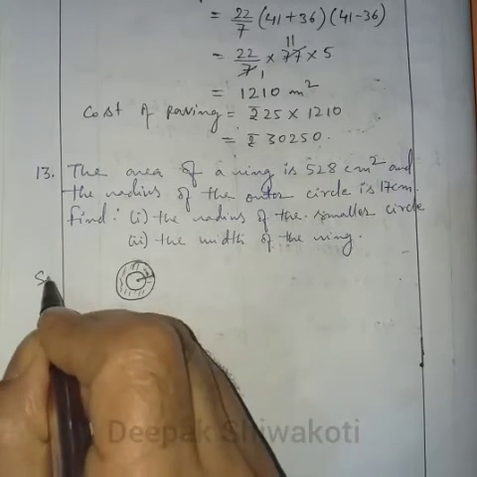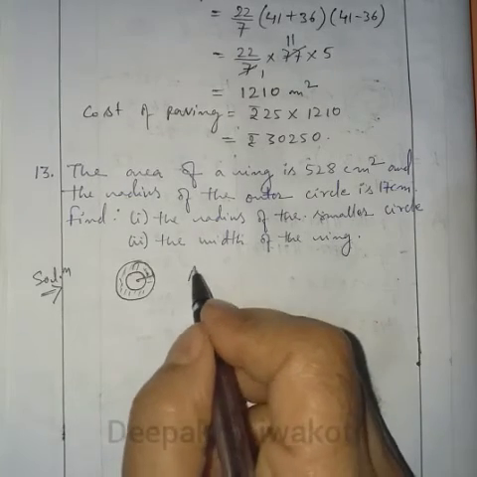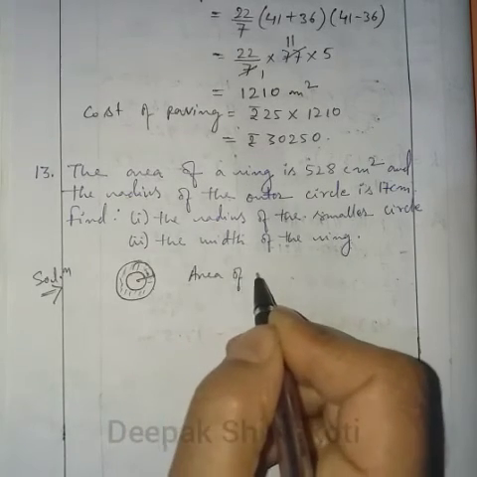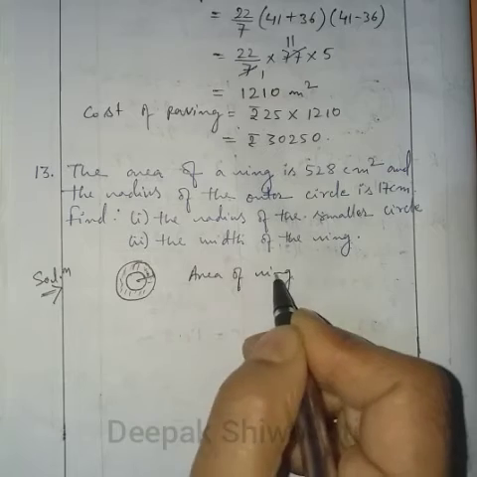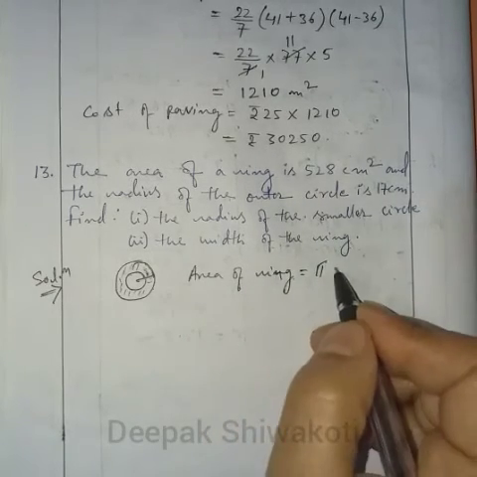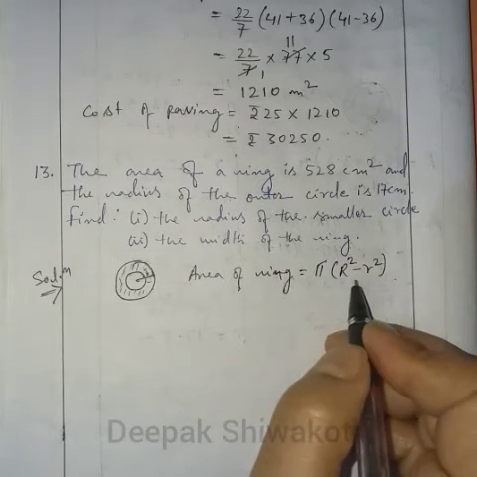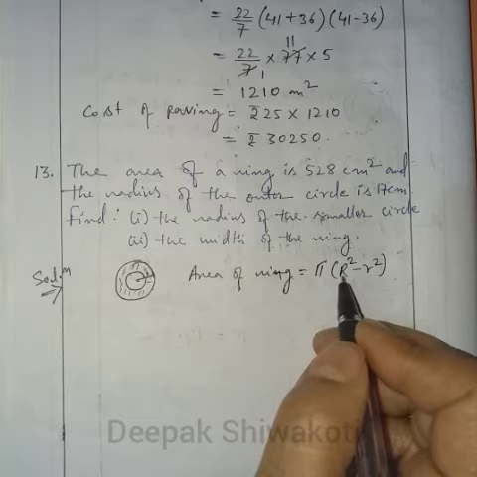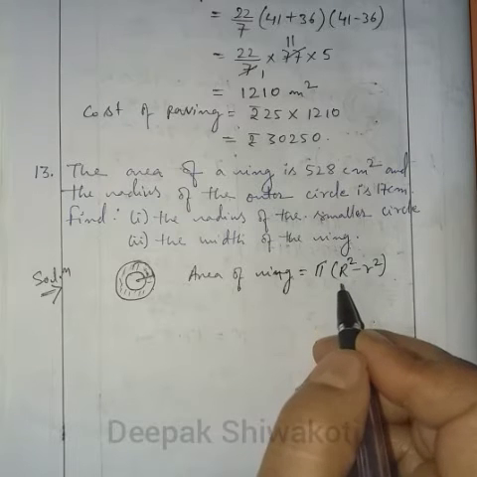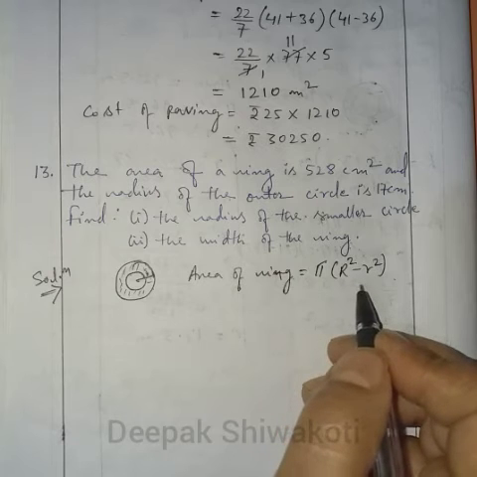So solution, we will start with the formula of the ring. Area of ring is given by pi (R square minus r square). Here we are using this formula, not the one which is pi into (R plus r)(R minus r).